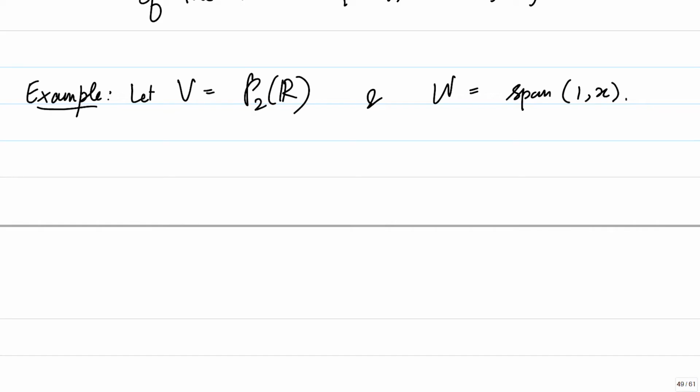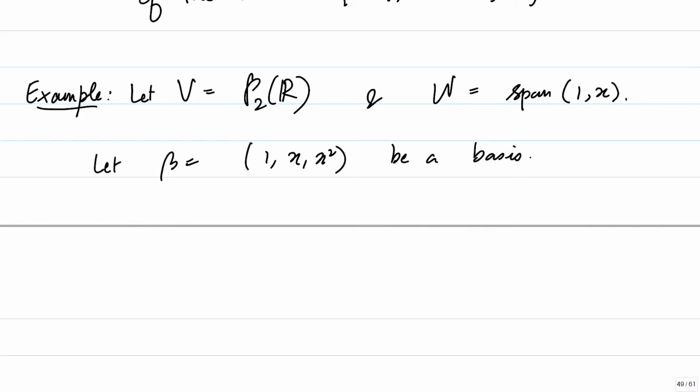So let's complete this into a basis. Let beta be equal to 1, x, x square, a basis. So we will orthonormalize it, and the first two vectors that we get will turn out to be a basis of W, and the third vector will be a basis of the orthogonal complement of W.